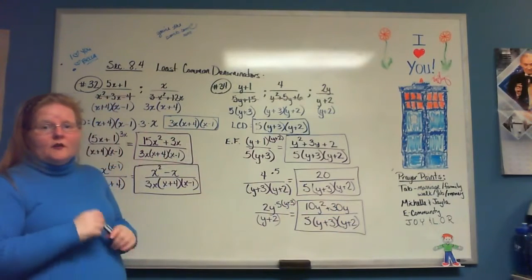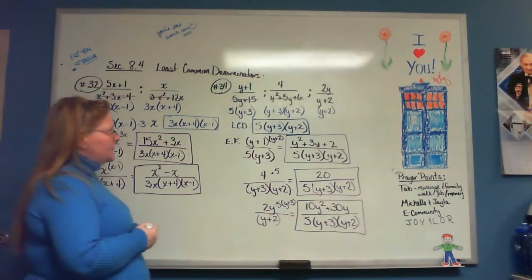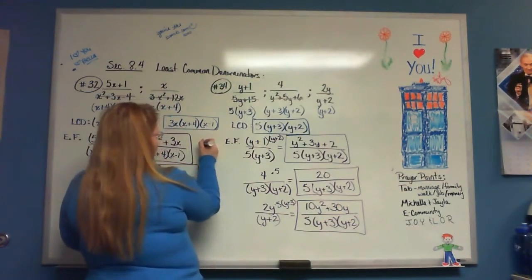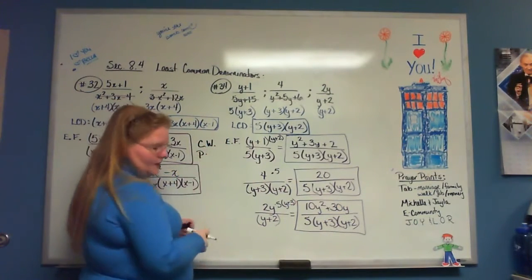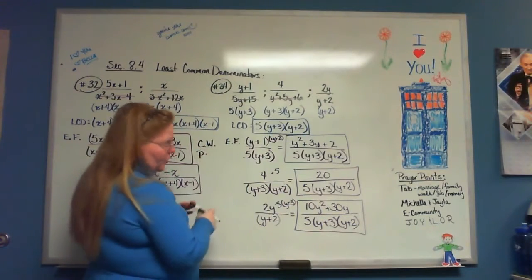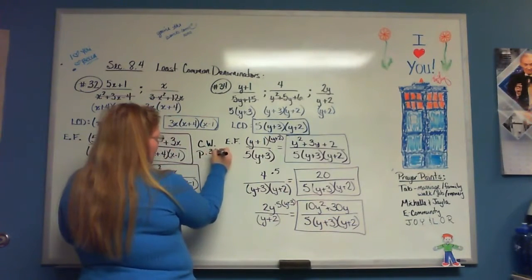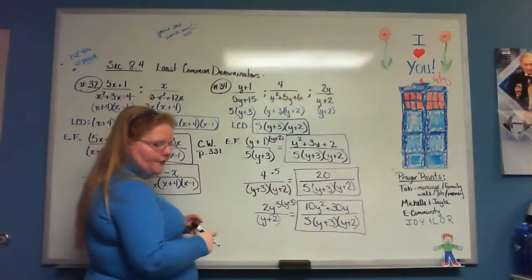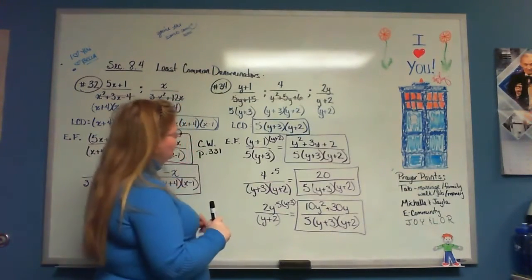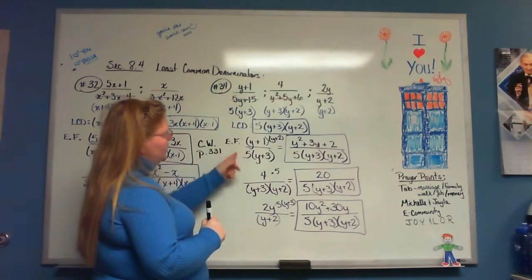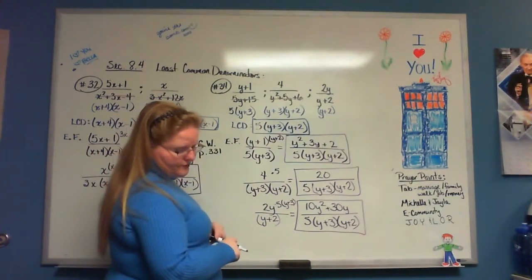Which means we need to talk about homework and classwork. I'm looking at page 331. You're going to have to read carefully to see whether they're wanting you to find just the LCD or whether they want you to find the equivalent fractions too.